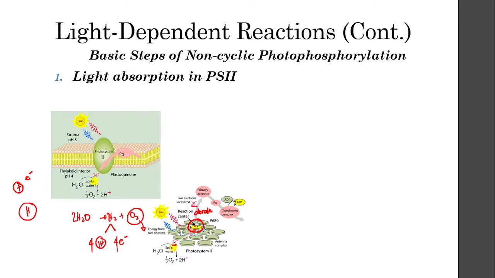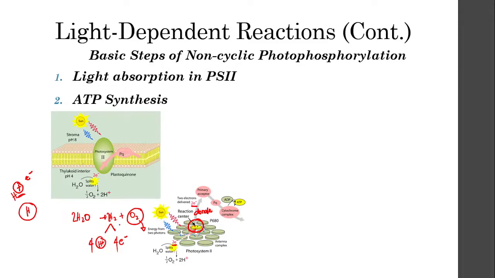If you remember the light dependent reactions in our discussion in 6.2 part 1, H2O is used in light dependent reactions because we have to get that electron to replenish our reaction center, and the 4 protons, this H plus right here, will create your proton gradient.